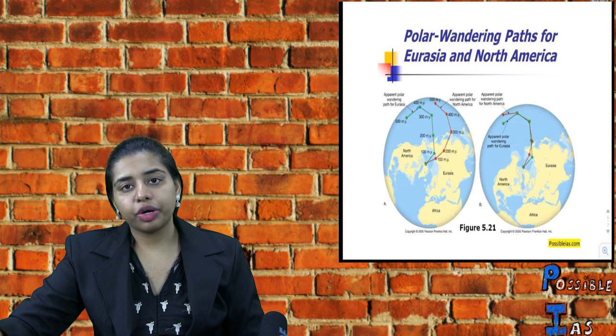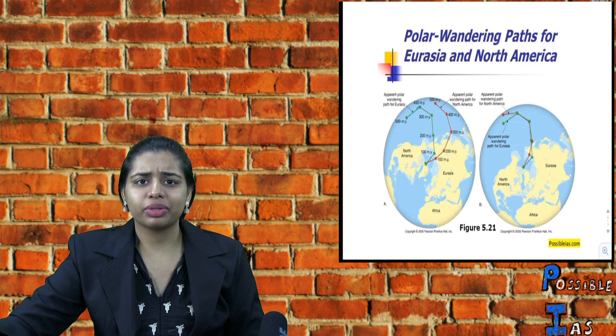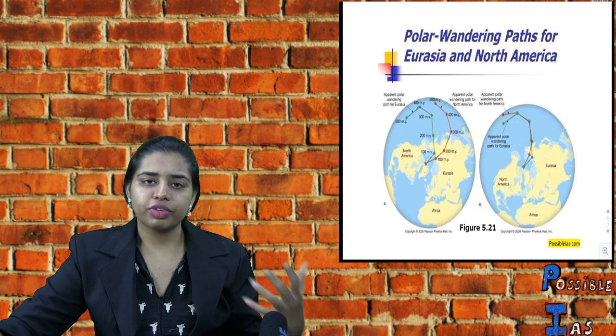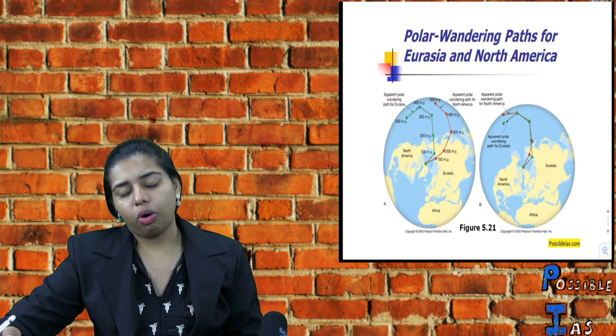Other than that, radiometric dating was another evidence. Different rocks were dated, and they found that the earth's oceanic crust is not very old. None of it is older than 1 to 2 billion years, whereas the continental crust can go up to 4.7 billion years. So obviously new oceanic crust was always formed and subducted, right?